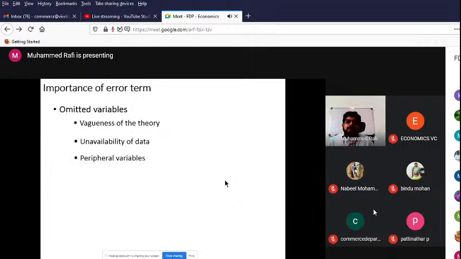And there will be some peripheral variables. By peripheral variables, I mean there are some variables which affect the dependent variable, but the extent of their impact might be very small compared to the main variable, the income, which we have included in the model. So you consider them peripheral variables and you don't include them in the model. And there is a concept of parsimony. Econometricians always go for the parsimonious model.